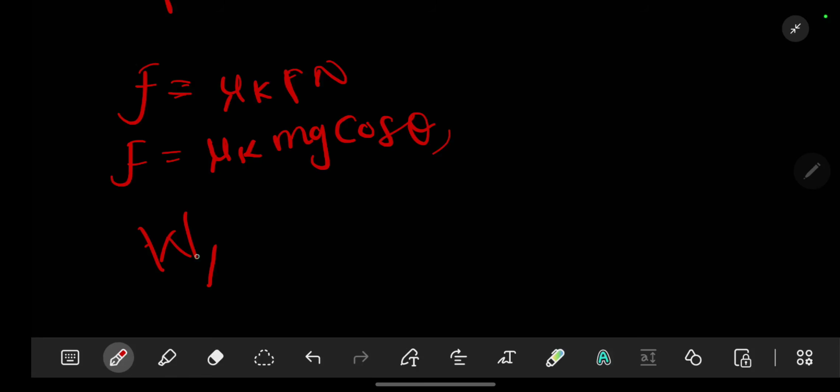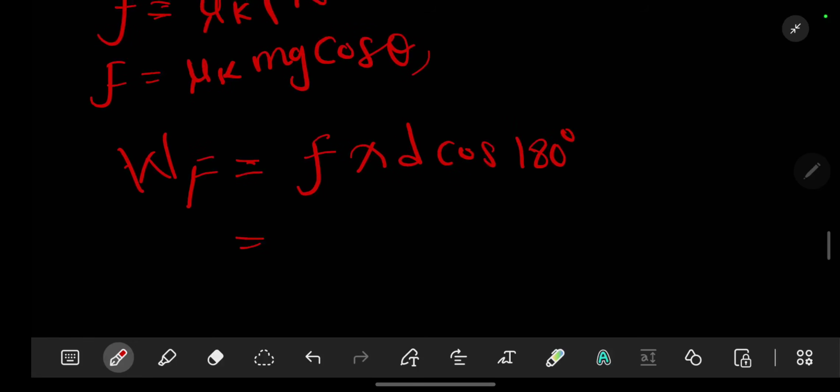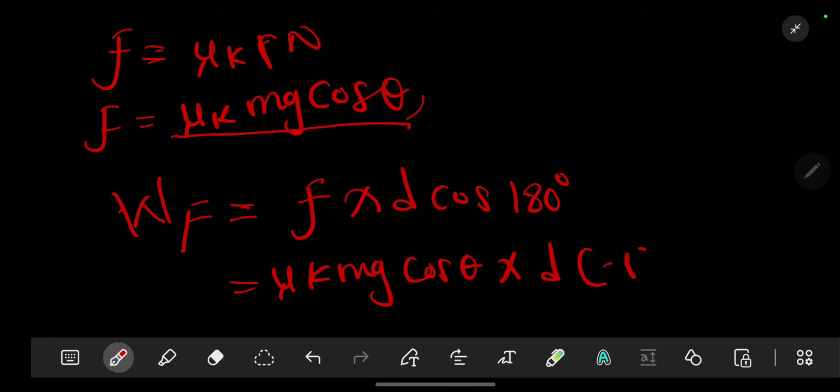So the work done by friction should be equal to the frictional force times the distance times the cosine of 180 degrees. This gives us μk mg cos θ times d times cos 180, which is equal to -1.